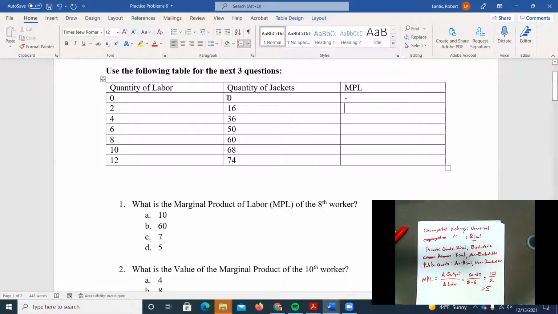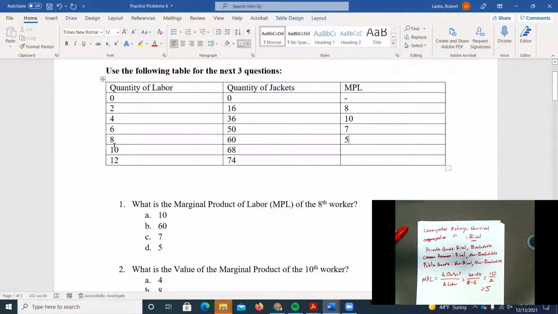Then going from 0 to 16, the change was 16 divided by the change in labor, which was 2. So 8. Here, 16 to 36, the change was 20 divided by 2. So 10. Here it goes up by 14 divided by 2. So 7. We already said this one was 5.